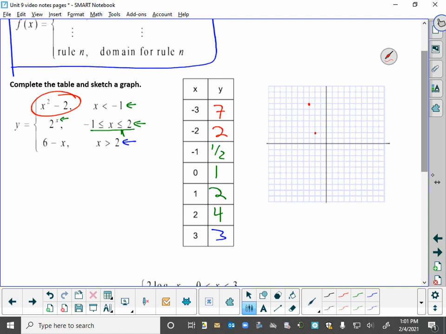If I wanted to nail that curve down a little bit more, I would have to figure that out. I think it probably starts down here, and actually it's a parabola shifted down 2, so the vertex is going to be down here somewhere, but these points over there are not part of it.